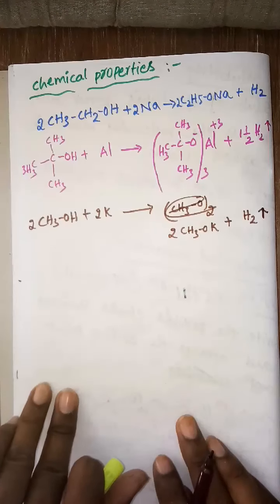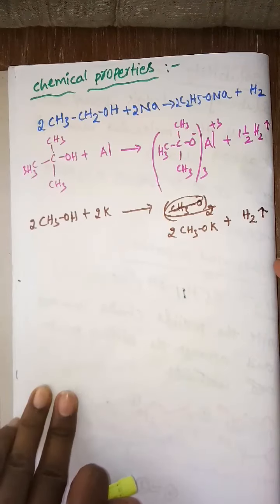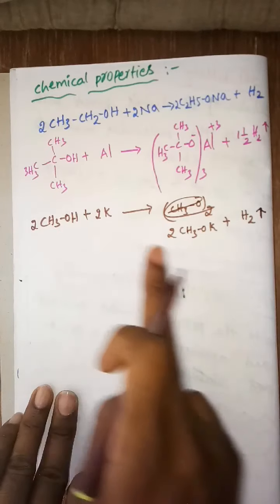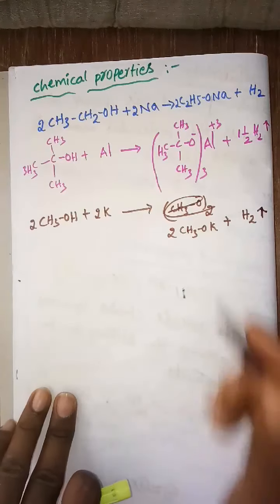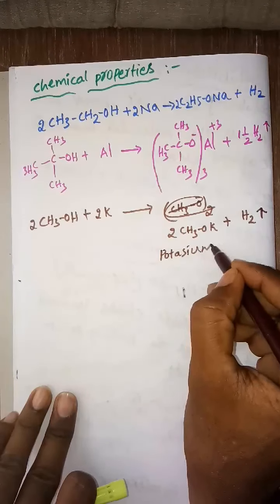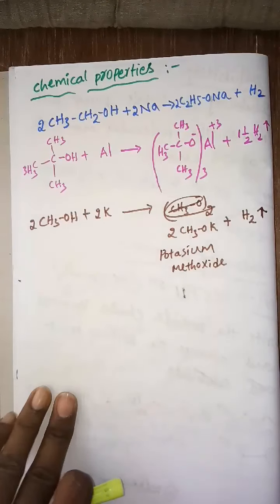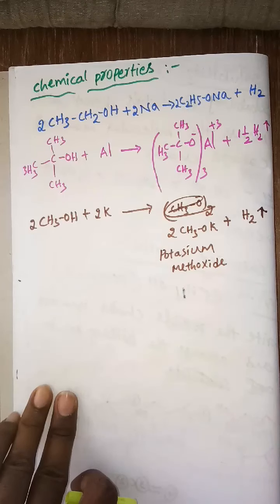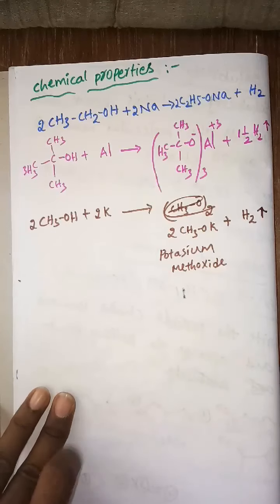That gas vaporizes, it means it escapes from the container. So 2 moles of methanol and 2 moles of potassium give 2 moles of potassium methoxide and hydrogen gas.